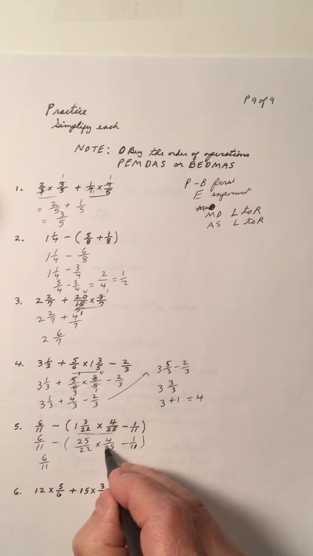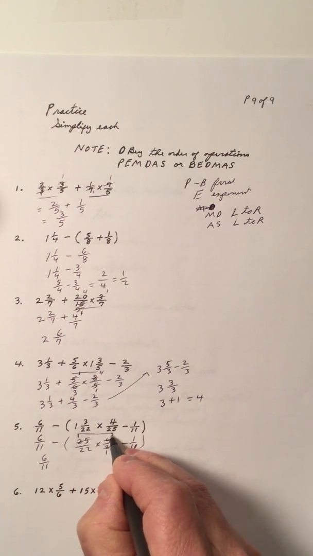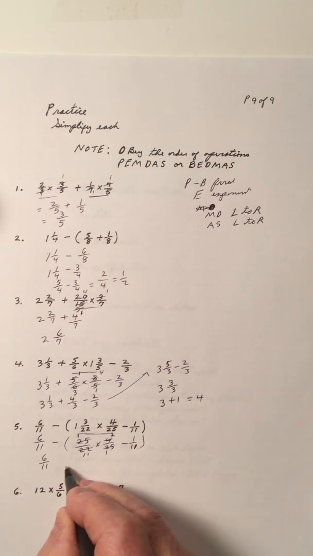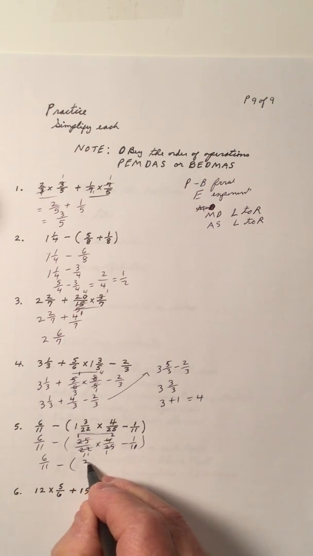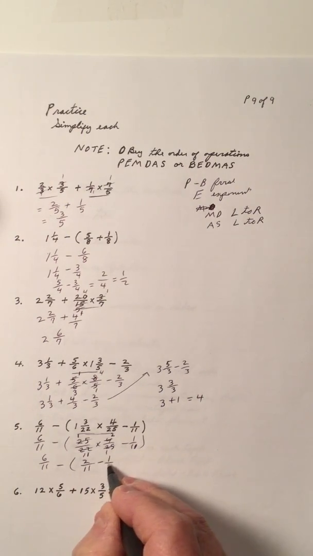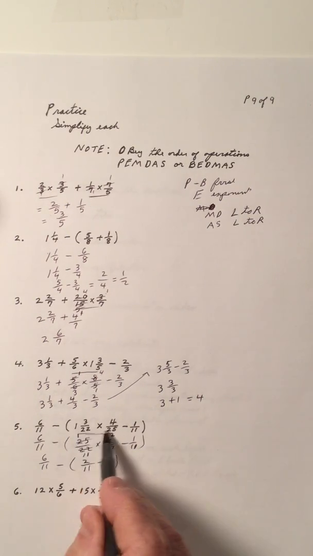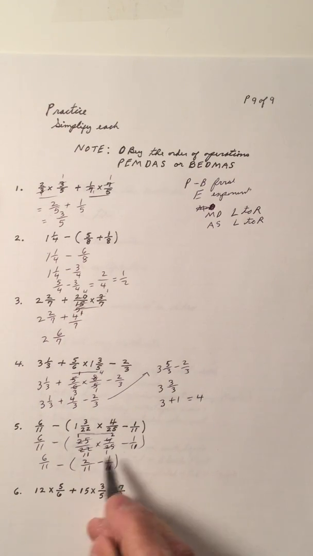Because I'm multiplying, I got to cancel from top to bottom. 25, 25, 1, 1. 2 into that goes 2. 11. So that gives me 1 times 2 is 2. 11 times 1 is 11. So notice, I did the multiplication inside first, broke it right down to 2 over 11.